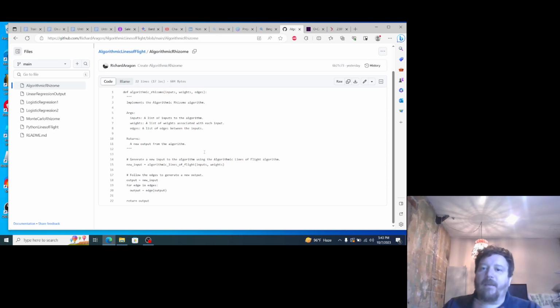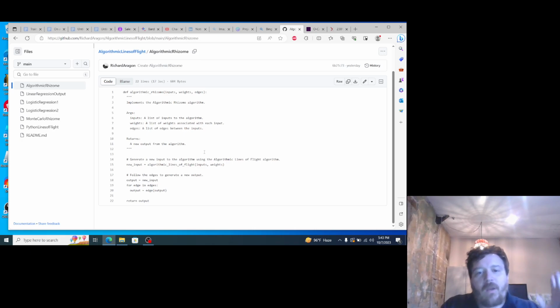How that equation translates within a real-world LLM is you take the input, and from the input it travels in random patterns to the various neurons, the parameters within the neural network, until a terminator condition is met, and then it executes there. That's what the lines of flight algorithm does.